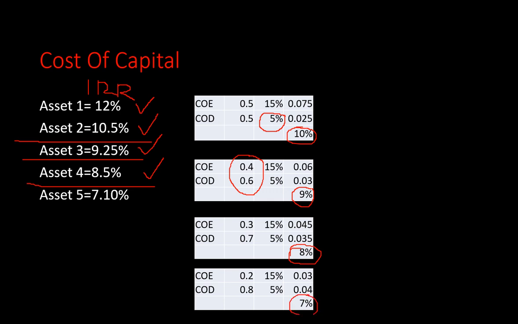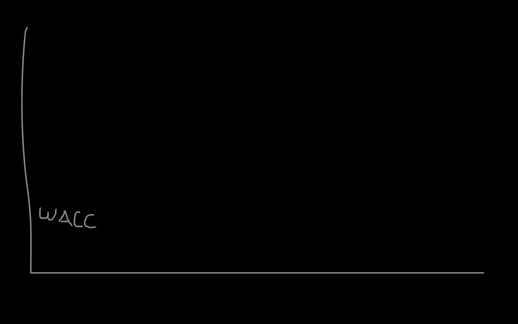A cost of capital of 7%. Now 7.10% is now acceptable. So if you try to put that together, we can now say that if this is your debt ratio, the higher the debt ratio, the lower will be the weighted average cost of capital. We'll go back to this soon.